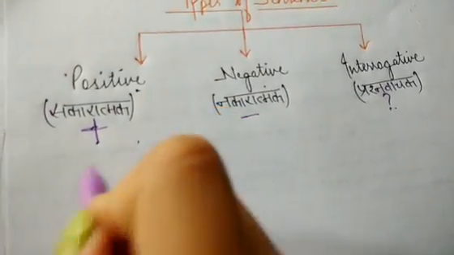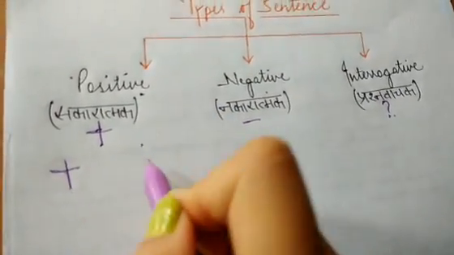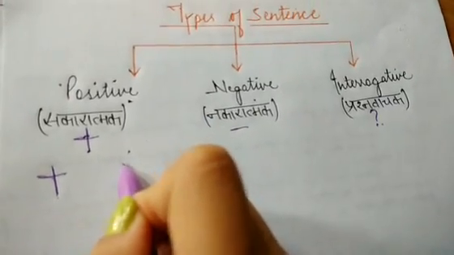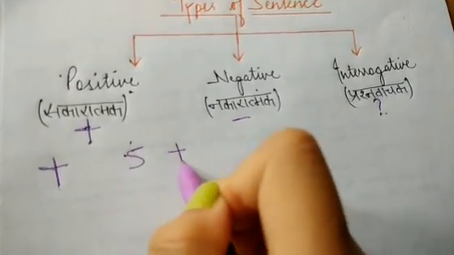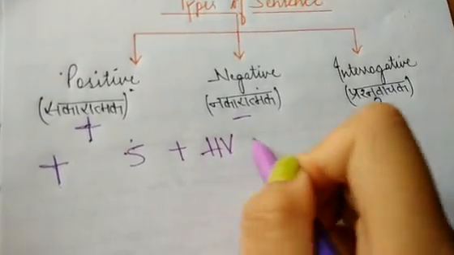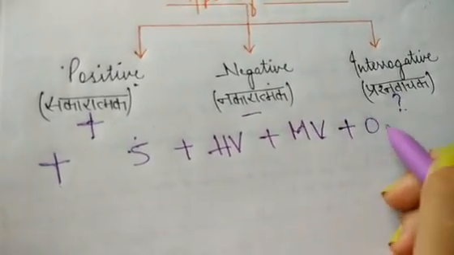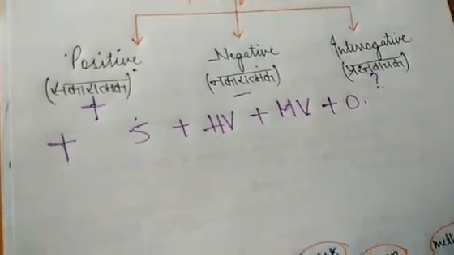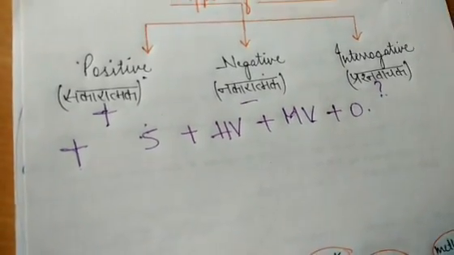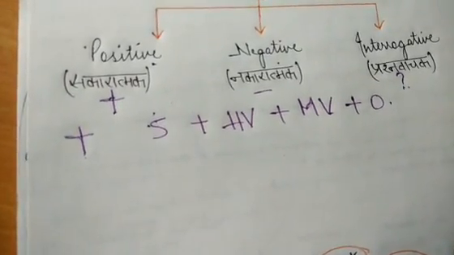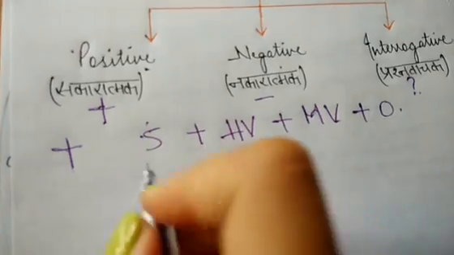As we studied in sentence formation, the basic structure of a sentence is subject plus helping verb plus main verb plus object. Let us take one example.